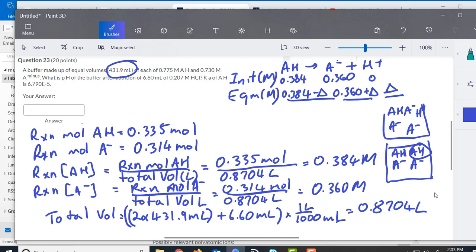Alright, so we've gotten that far. Now we need to make an assumption. Because it's a buffer, buffers have a definition where they're actually a mixture of a weak acid and its conjugate base. So we automatically know that we can make this assumption. We can say assume weak acid base.